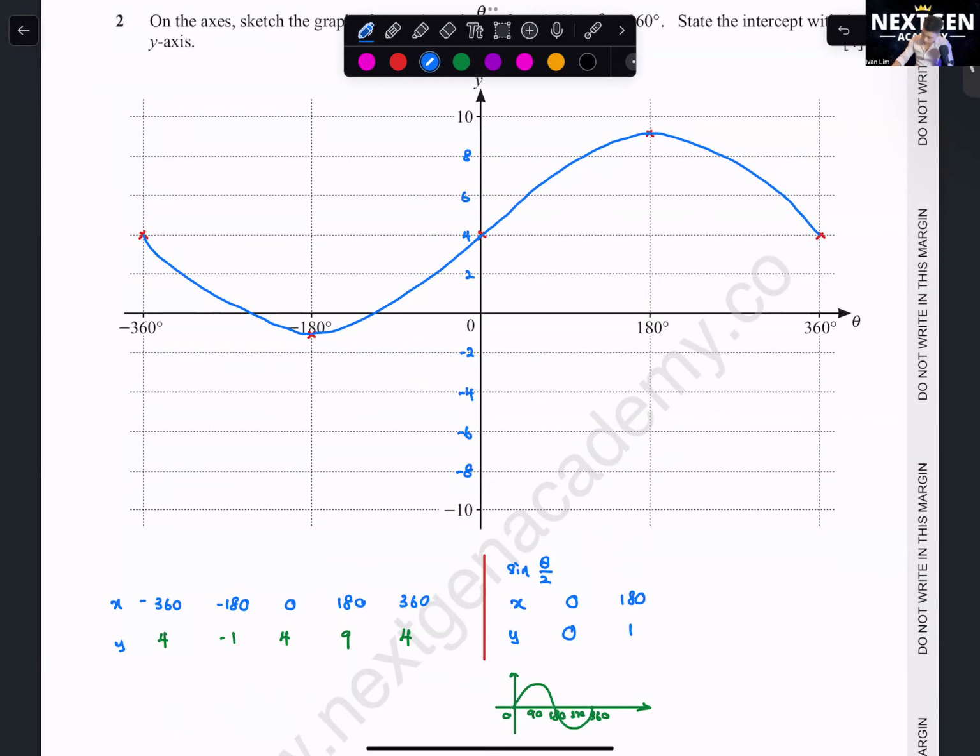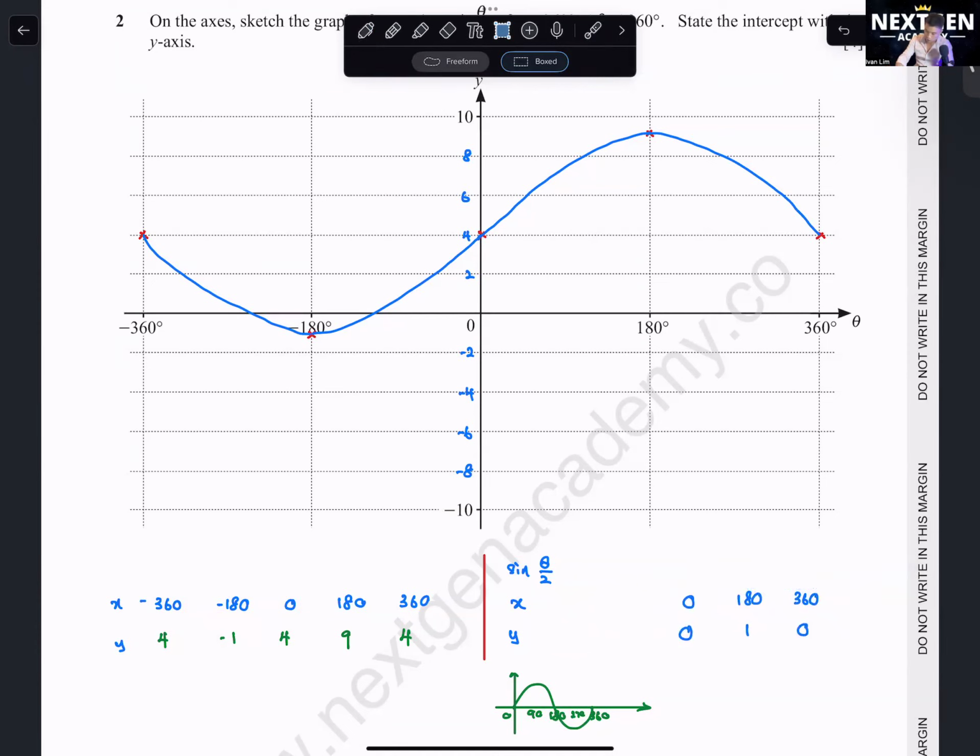Then if your value is 360, it follows 360 divided by 2, which is sine 180, which is 0 here. So this one, we don't even need special angles. But if a special angle comes out, you should know how to do that also.